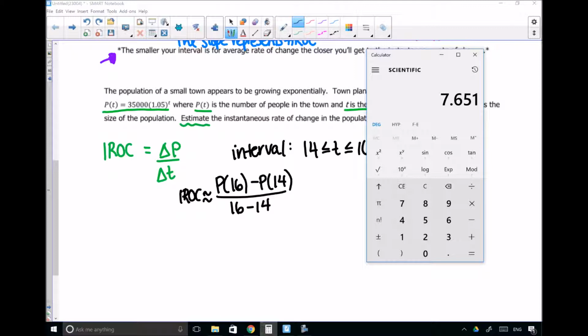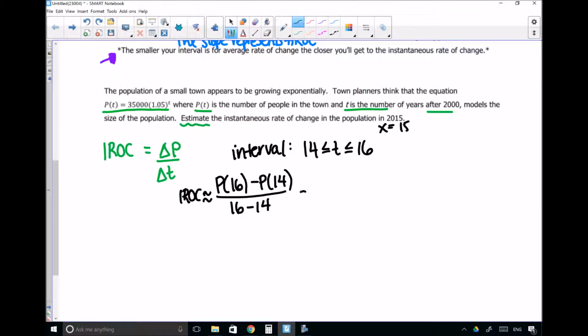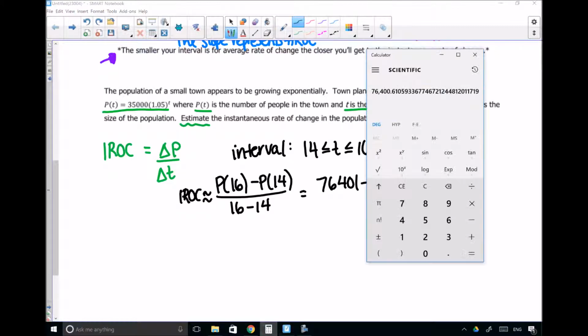So when x is 16, I'm going to figure out that my answer is 35,000 times 1.05 raised to the power of 16. And we get approximately 76,401. Then I'm going to do the same thing for 14.